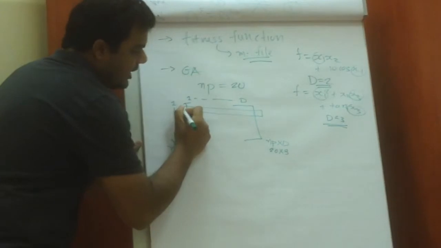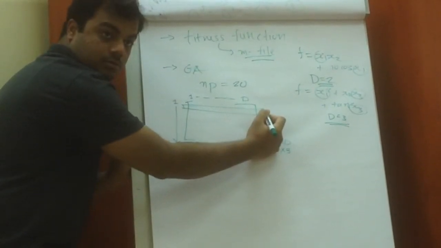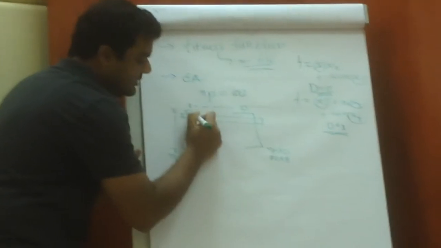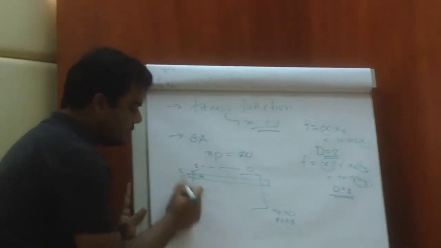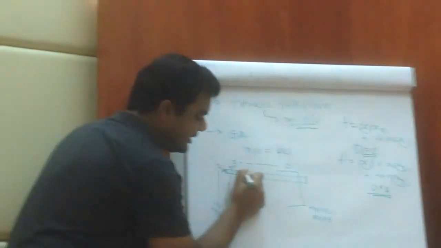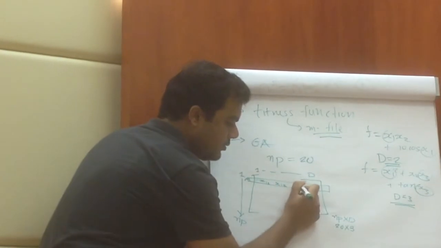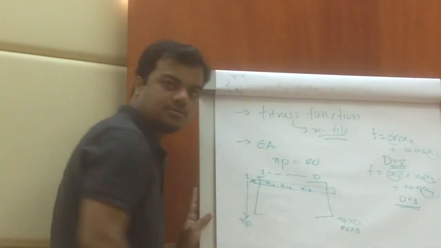Okay. If you take one row, let us say the ith row, it is xi1, xi2, and xi3.